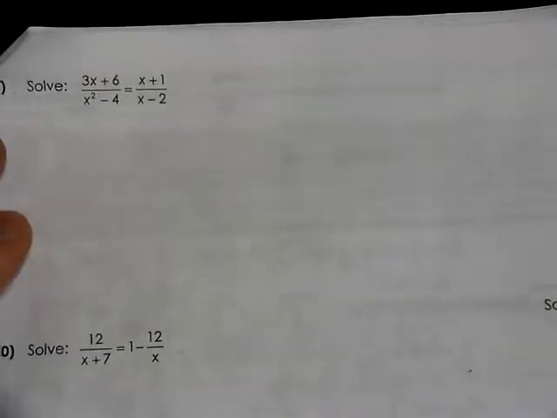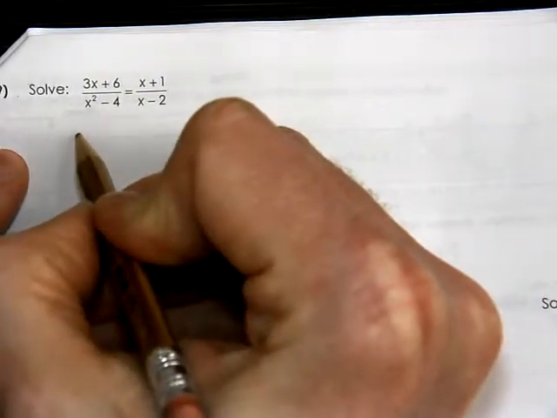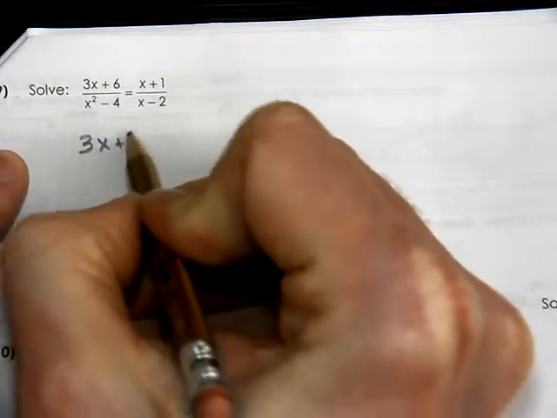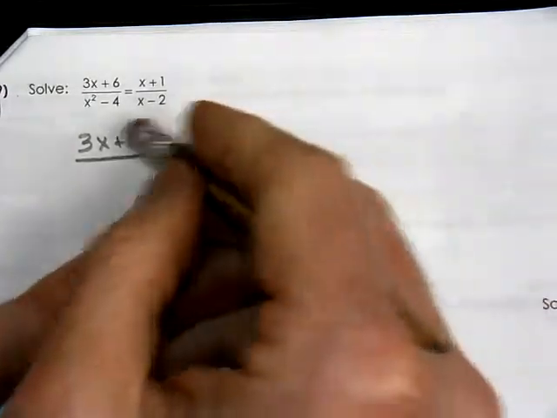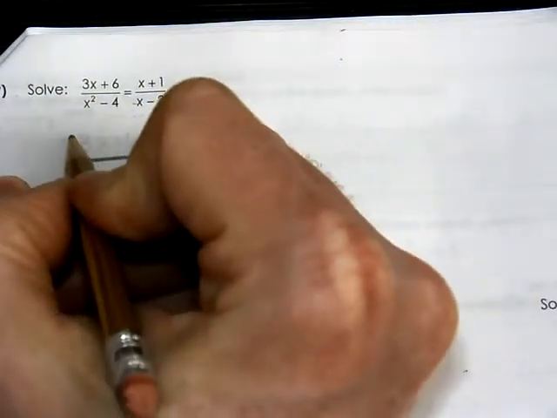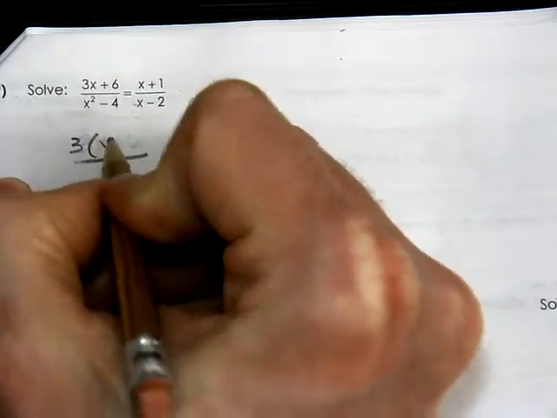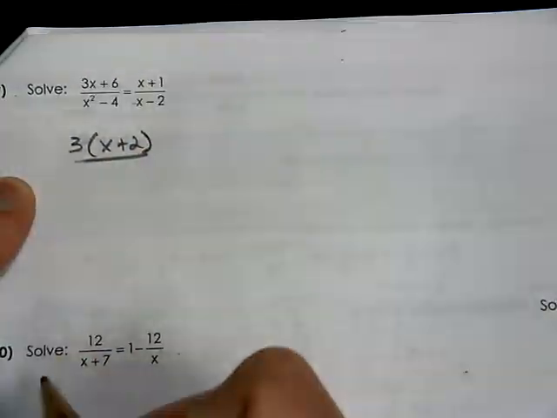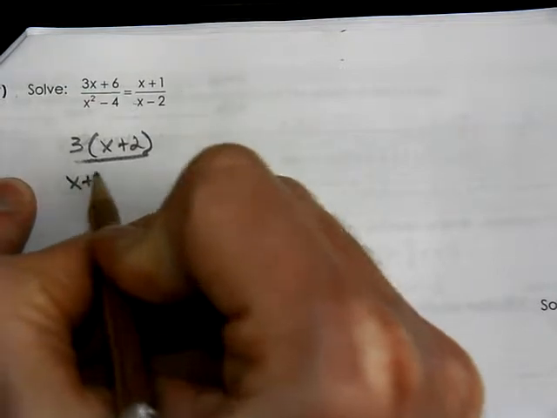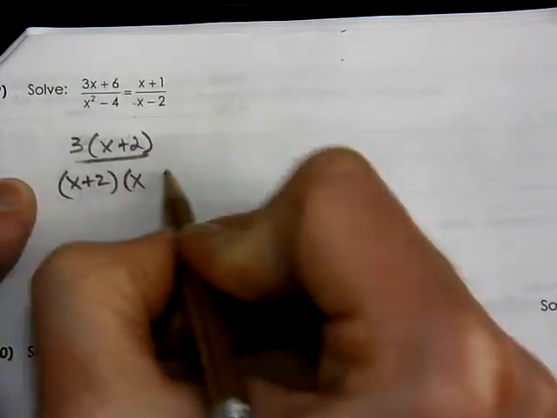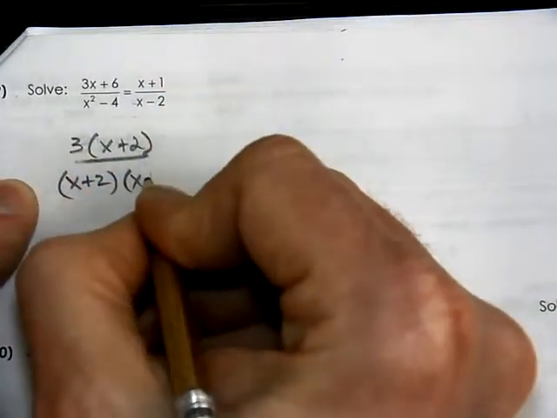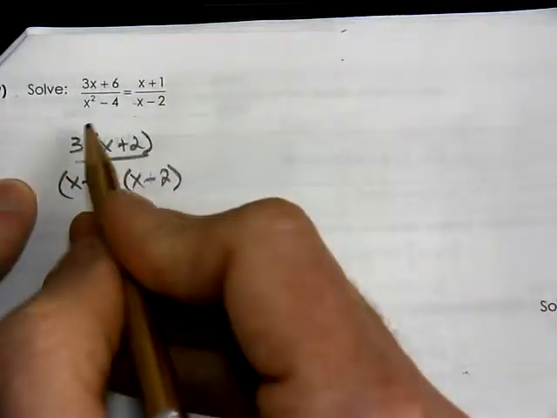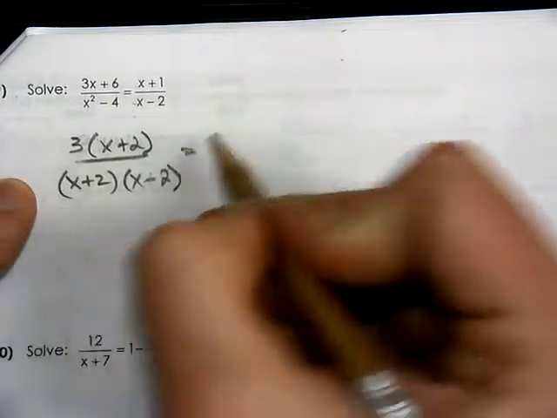On our second page, we're going to come through and factor out what we can here. I see a pattern that might be helpful in this case. If I factor out the 3, I'm going to be left with an x plus 2. On bottom, I have x plus 2, x minus 2, that factors as a difference of perfect squares.